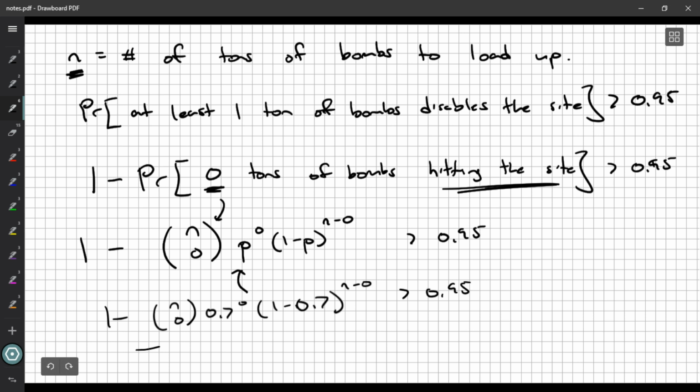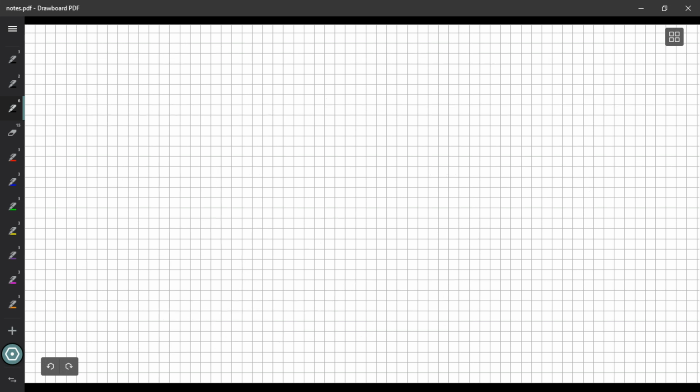So now we have a nice inequality involving n. We can clean this up a little bit. N choose 0 is always 1. 0.7 to the 0, anything to the 0 is always 1. So we have 1 minus 0.7, which is 0.3. So 0.3 to the n minus 0 is just n. So we need to find an n that makes this true.